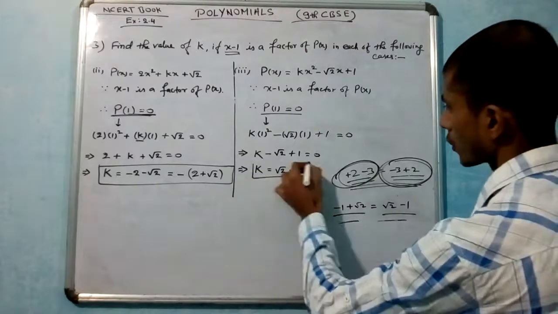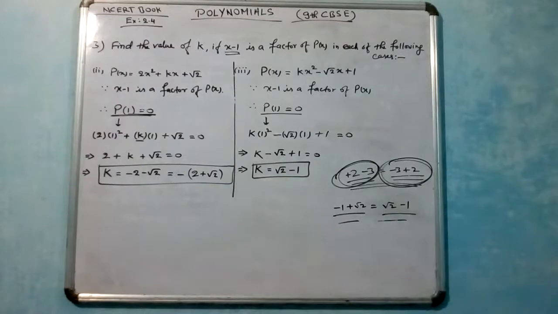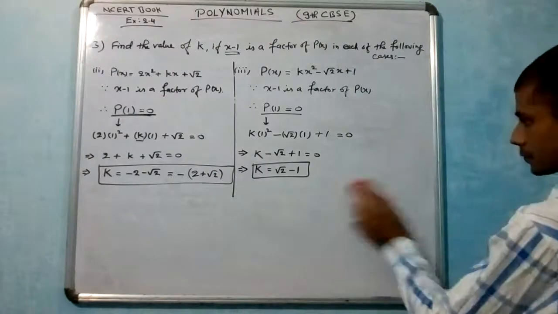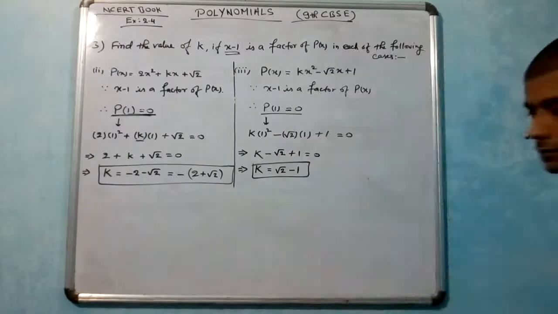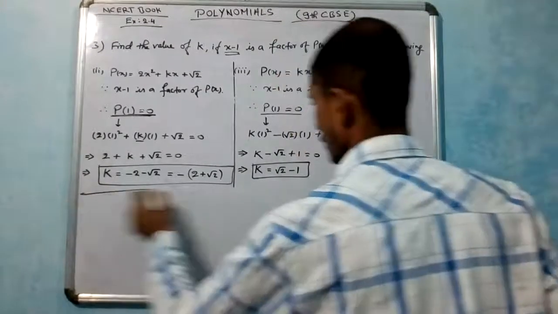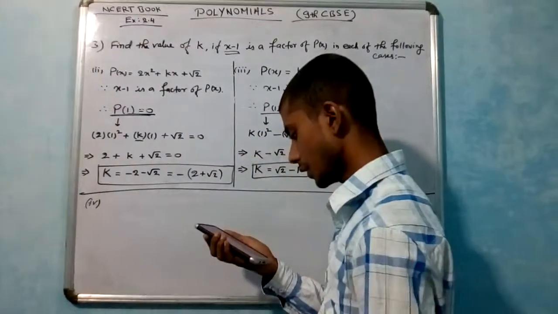Okay. So the K value we got here. Copy fast. Second, third. Fourth or third we did.